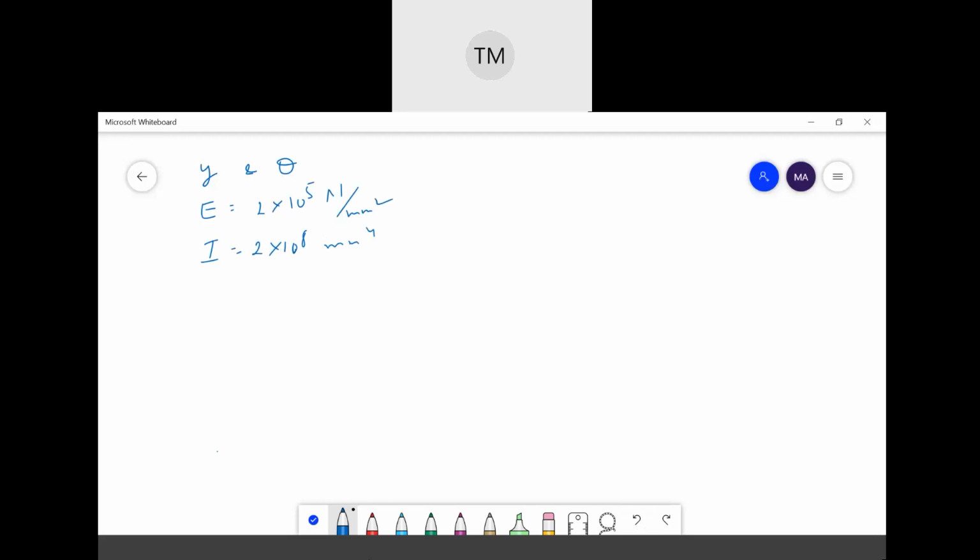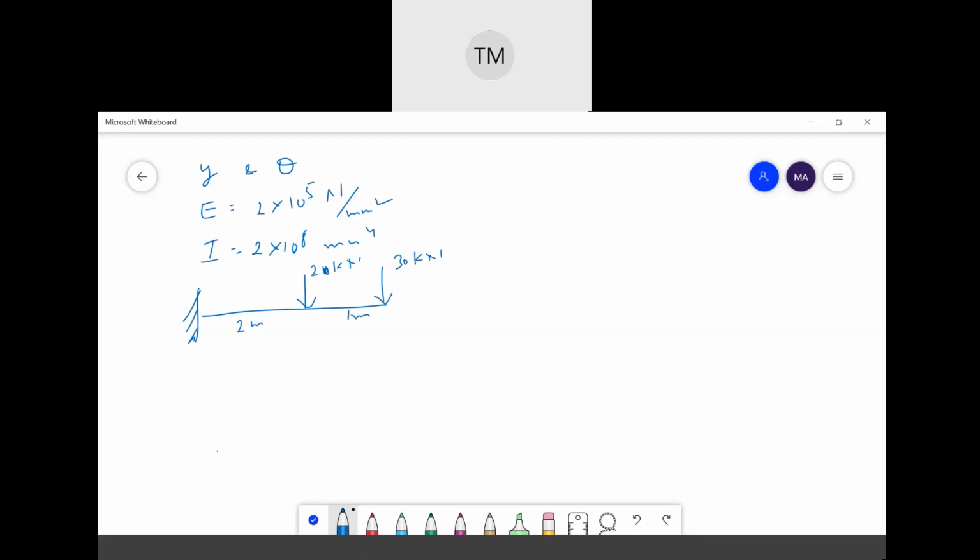The cantilever beam is acting like this. Here you have a point load, here also a point load. This load is 30 kilonewtons and this load is 20 kilonewtons. This one is 2 meters, this one is 1 meter.